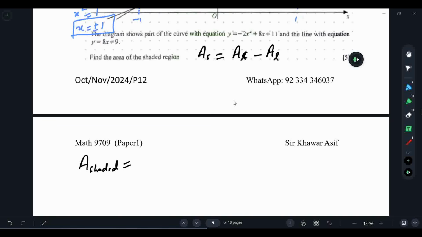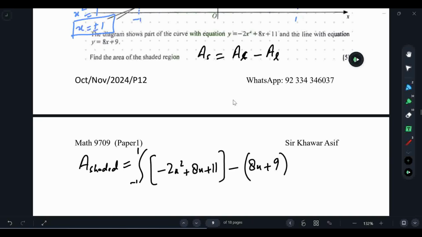The area of the shaded region will be equal to the area of the curve, which means we need to integrate with limits minus 1 to 1, minus 2x square plus 8x plus 11, minus 8x plus 9, with respect to x.